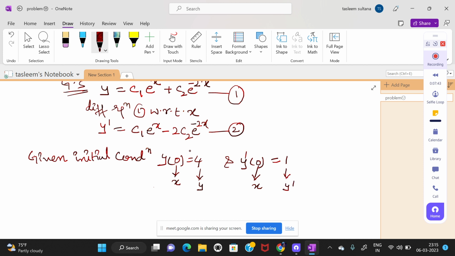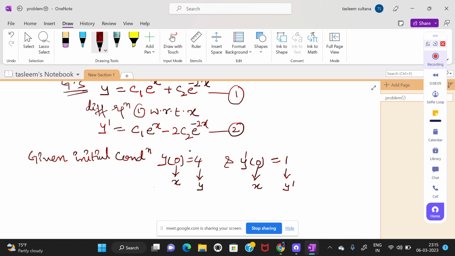So Aditya, this condition will be applicable to which equation? Your first initial condition, where you are going to do the substitution, to which equation? Equation 1 or equation number 2? For which equation are you going to apply these values? No, for equation number 1.